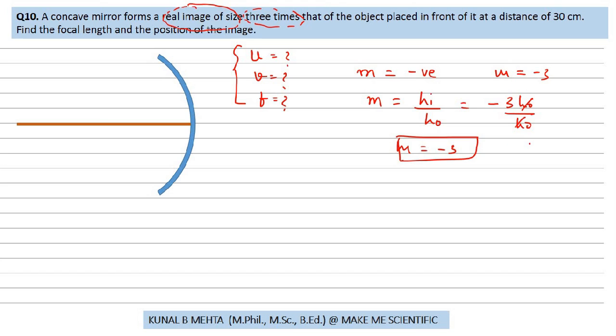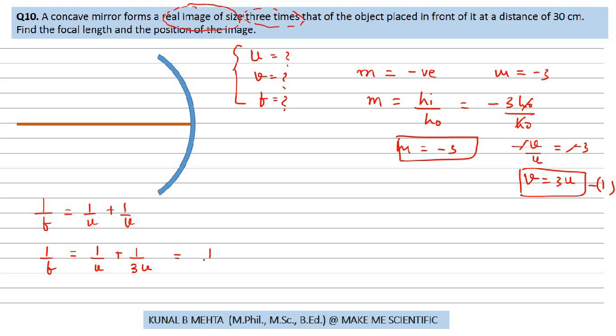Now we know magnification is minus V upon U, and that is equal to -3. So minus minus cancels, V is equal to 3U. Now this is what I am going to use in my mirror formula. So mirror formula is 1 upon F equals 1 upon U plus 1 upon V. 1 upon F, that is 1 upon U, and V can be written as 3U.